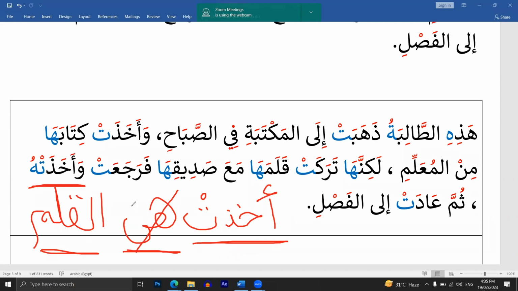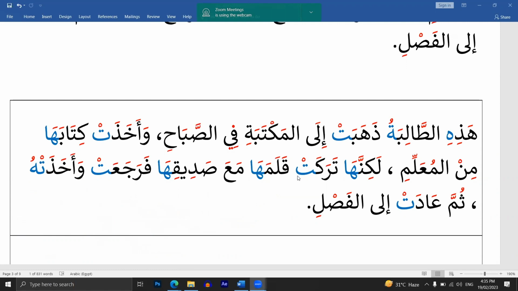Here the subject is hidden in أخذت because we are talking about the same person; no need to mention the pronoun. And then this القلم, we replace it with this pronoun: أخذته. She took it. This is the translation in English. She took it. Okay, ثم عادت إلى الفصل.